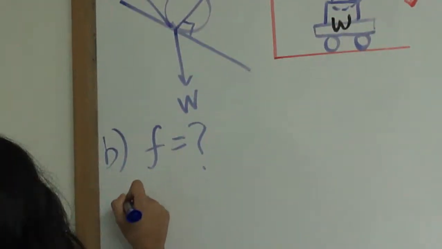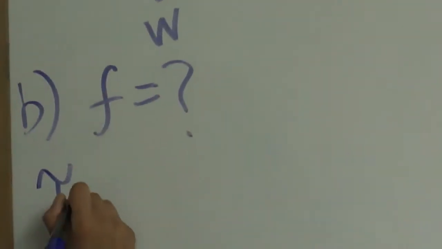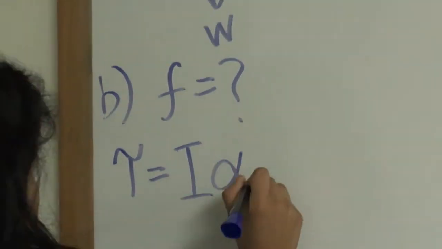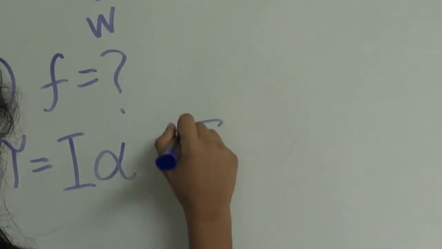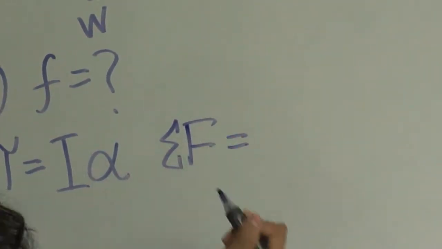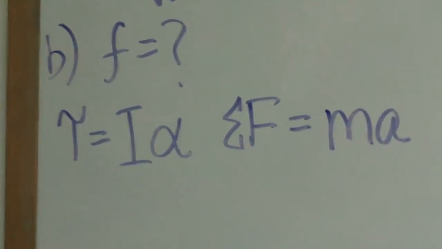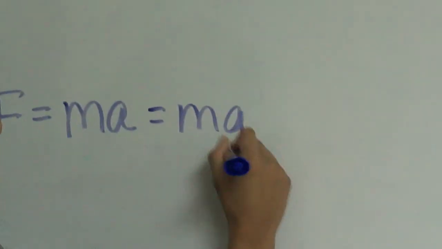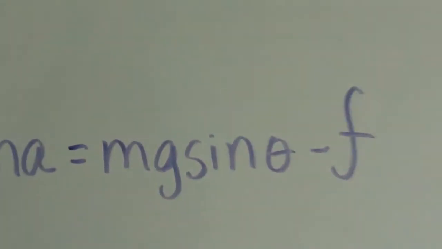So we take the equations that we know: torque is equal to rotational inertia times alpha, and the sum of the forces should equal ma, and in this case, that is mg sine theta minus friction.